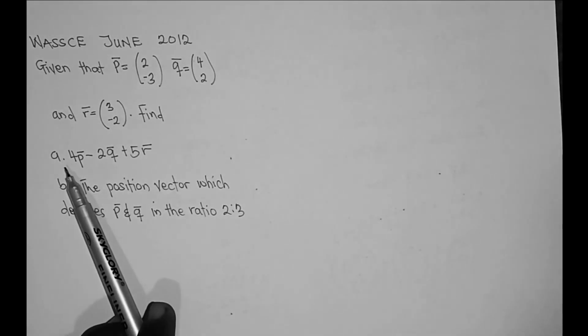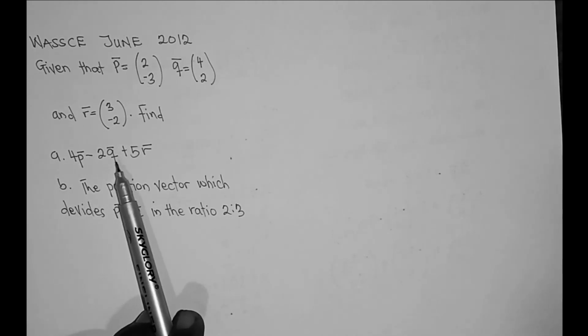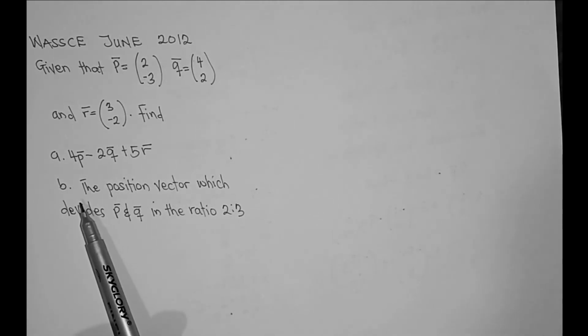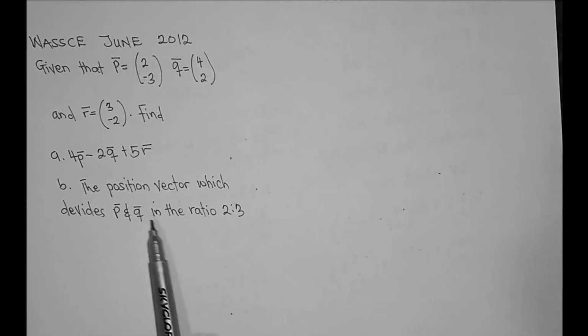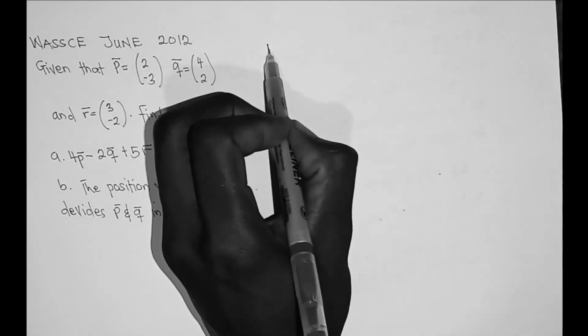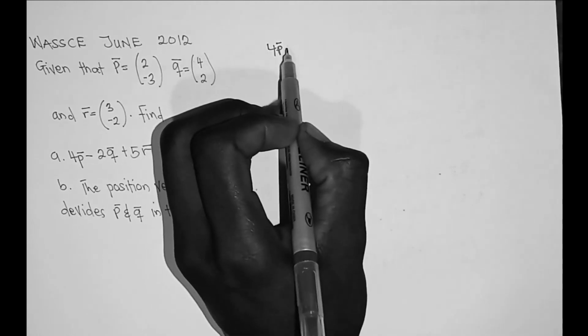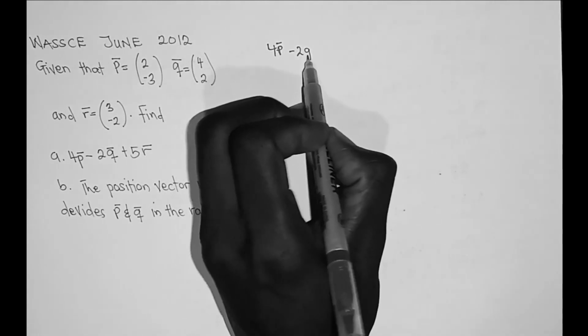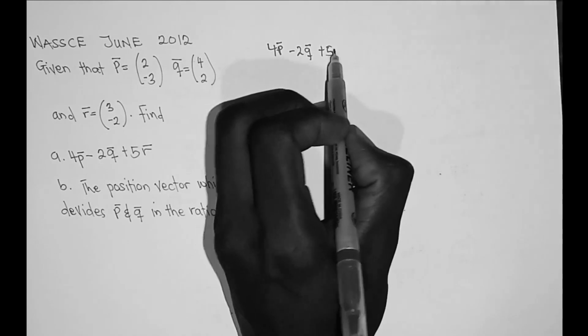Find A, 4p minus 2q plus 5r, and B, the position vector which divides vector p and q in a ratio 2:3. So let's solve the A part, which is 4p minus 2q plus 5r.